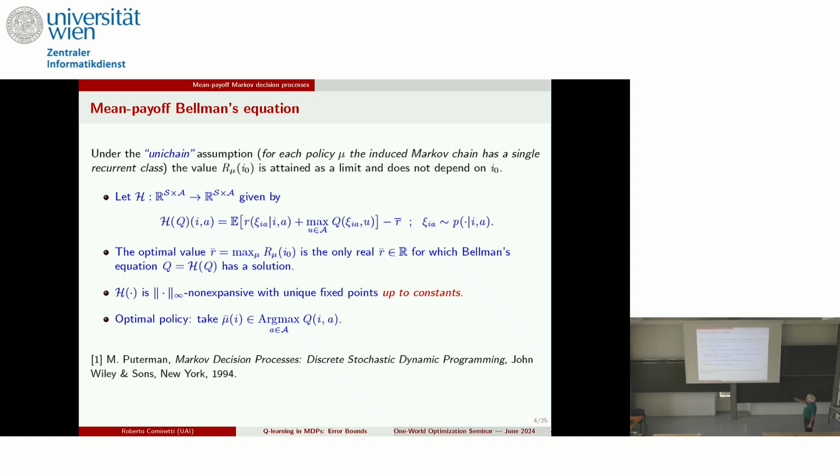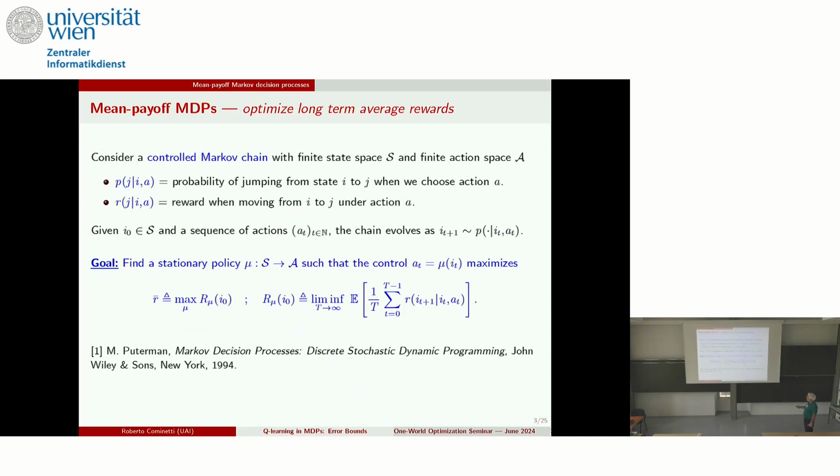And then there is this minus R bar. Let me remind you what R bar is. R bar will represent the optimal value of your problem. You can prove that it exists: there exist optimal policies.